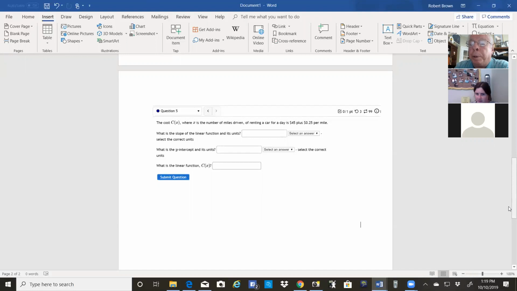Well, the slope is going to be 0.25, and it's going to be dollars per mile. We'll put that in a second.